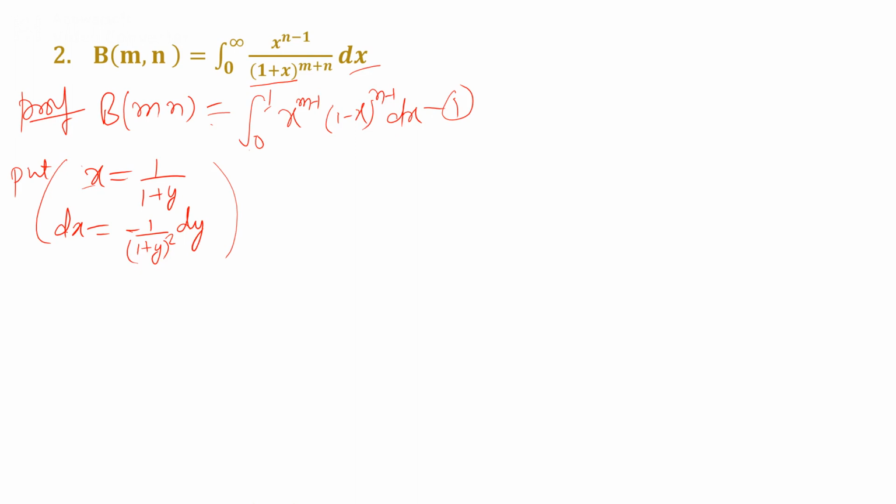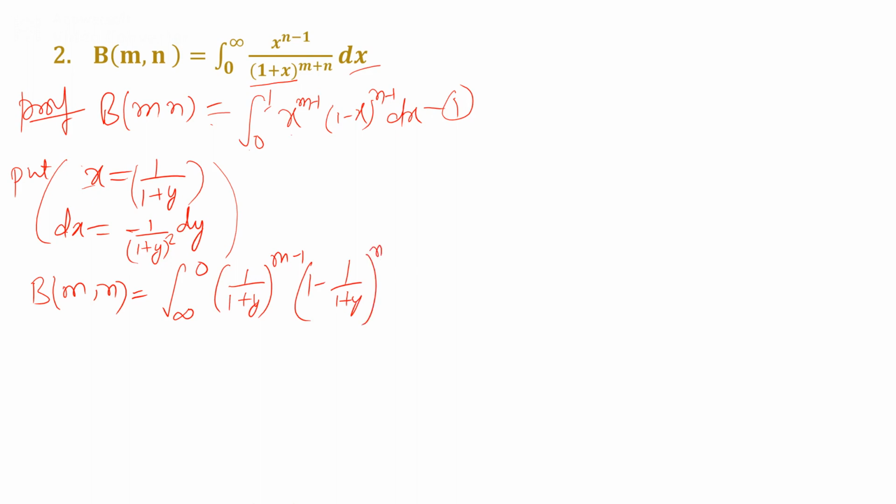So from equation 1, beta(m, n), the limit becomes infinity to 0. We are substituting x is equal to 1 upon (1 plus y), raised to the power m minus 1, and (1 minus 1 upon (1 plus y)) whole power n minus 1, and in the place of dx we write minus 1 upon (1 plus y) whole square dy.